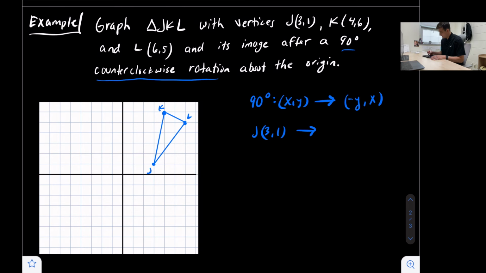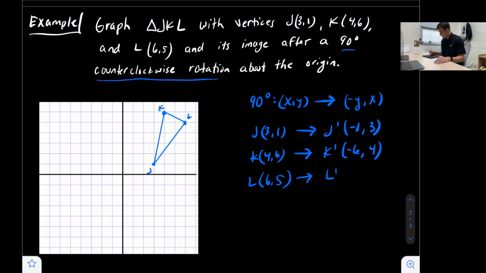And when we rotate it, our new point will be J prime. Okay, so y right now is positive 1, so it's going to become negative 1, comma 3. For K, our starting point is (4, 6), so K prime will be (negative 6, 4). And for L, we have (6, 5), so L prime will be (negative 5, 6).